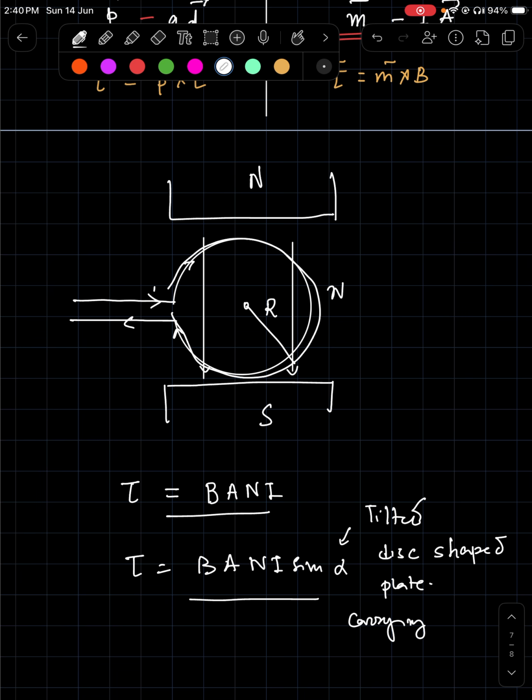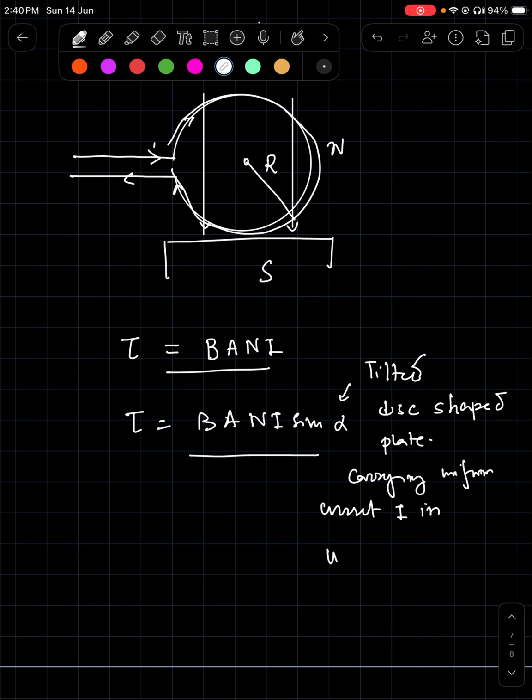Carrying uniform current in a uniform magnetic field. So this remains the same.